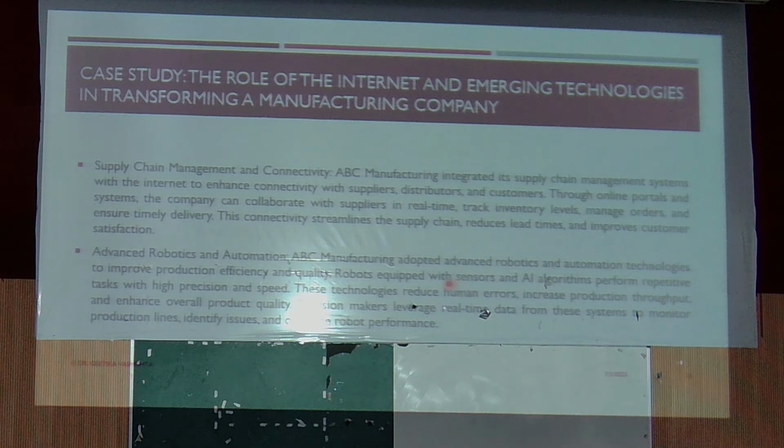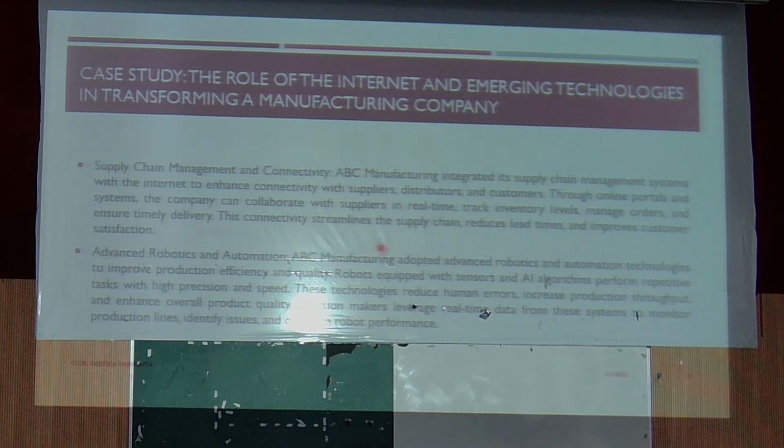Right? So robots equipped with sensors and AI algorithms perform repetitive tasks with high precision and speed. Just like Akash quickly mentioned, that precision will increase, speed will increase, right? So replacing humans, though economics people will have a good debate on this, but replacing humans with robots is going to give a better result.